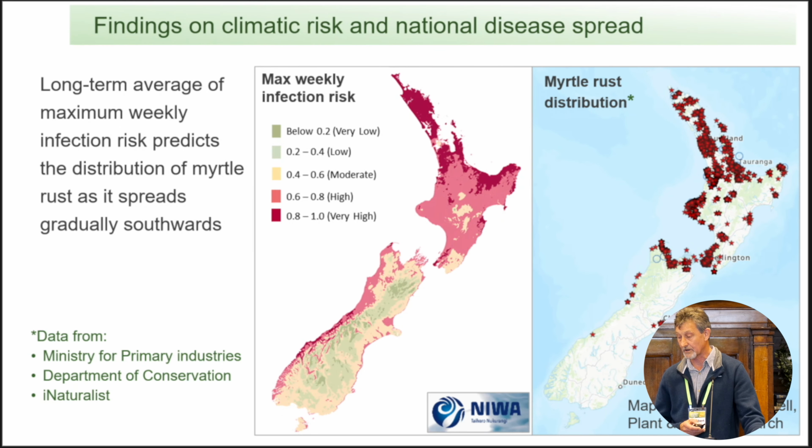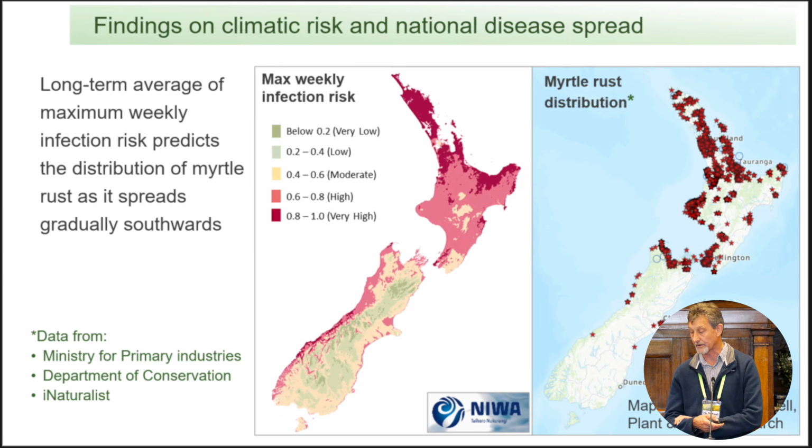So, just the overall findings on the climatic risk and national disease spread. This is a cross-reference to Roanne Sutherland's paper yesterday, where she showed pretty much the same data. We found that the maximum weekly infection risk, a long-term average of that, is a pretty good representative for the way that myrtle rust is spreading down the country over time.